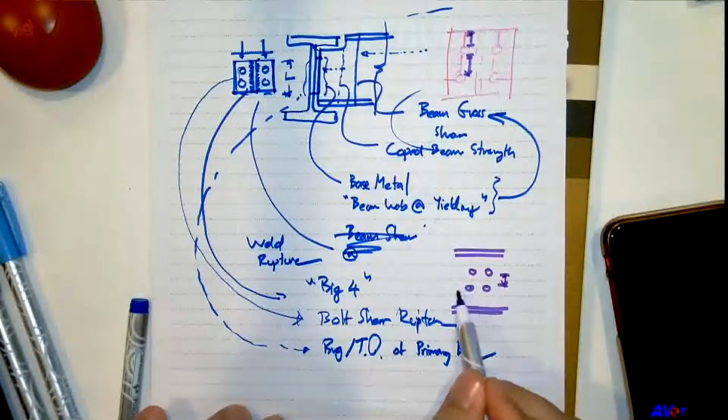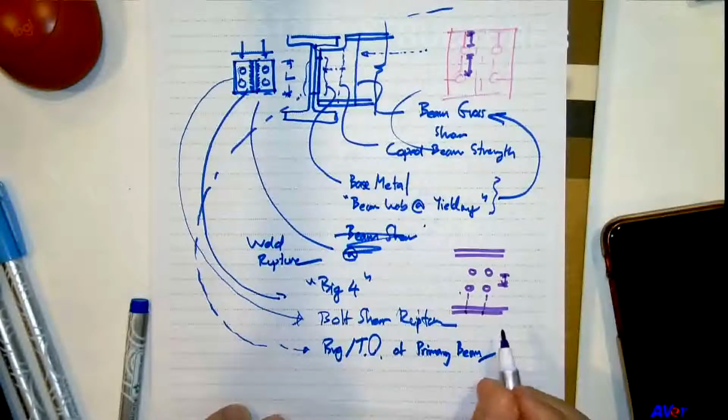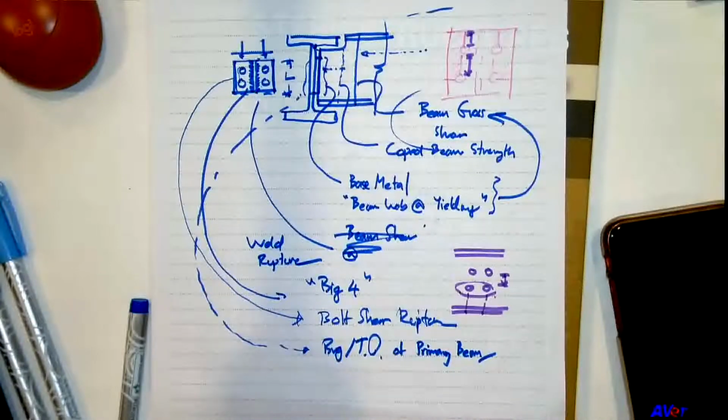And what about these holes? The tear out should not occur here, because it's impossible for the tear out to occur through the beam flange. So that means these two holes on the edge, you should only consider bearing failure. Right? So it makes sense. Not that difficult.